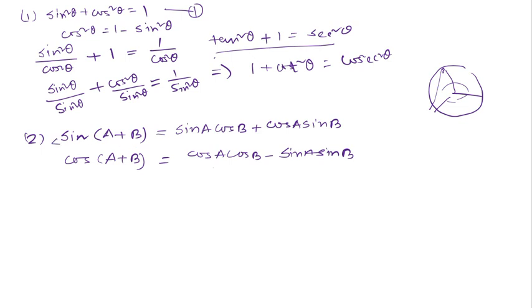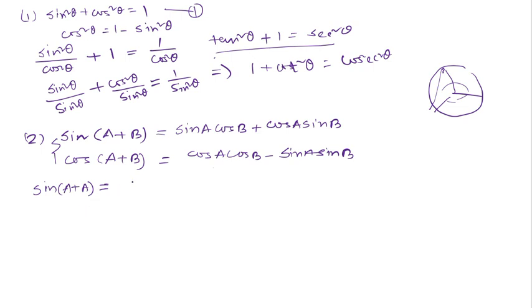Now from these two we can derive lots of other things, correct? Like sin (A plus B): I just remember sin (A plus B) equals sin A cos B plus cos A sin B. Now I want to find sin 2A. So I'll put sin (A plus A). We come across sin 2 theta many times, and sin 3 theta and so on, but we can easily derive them from here.